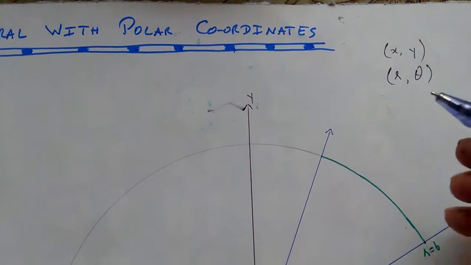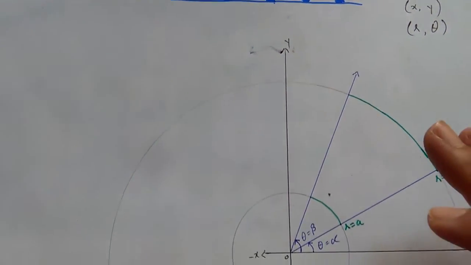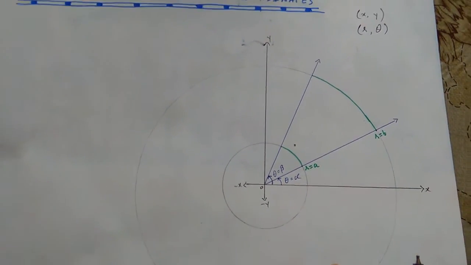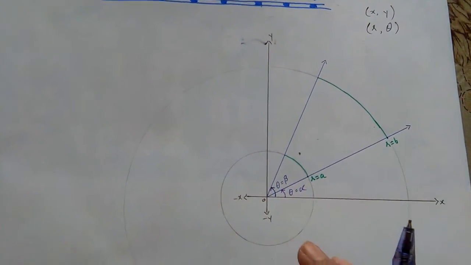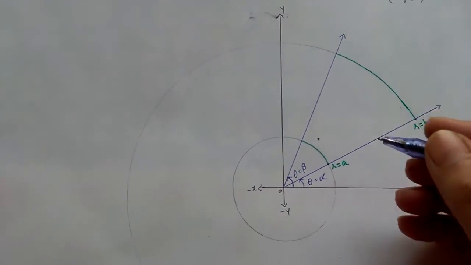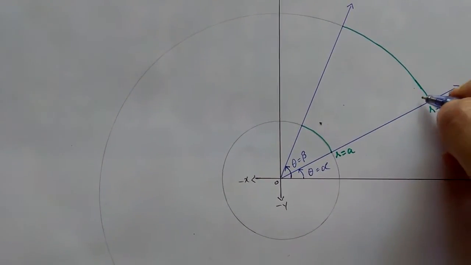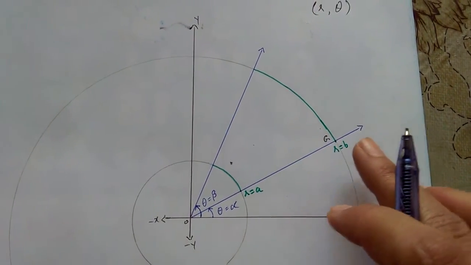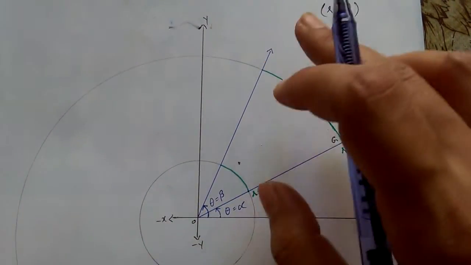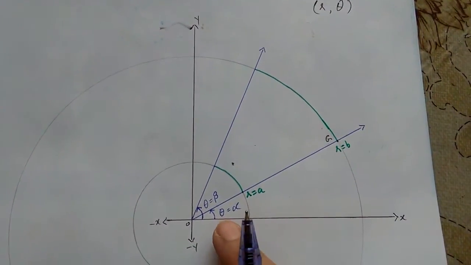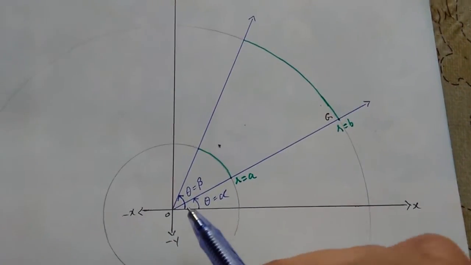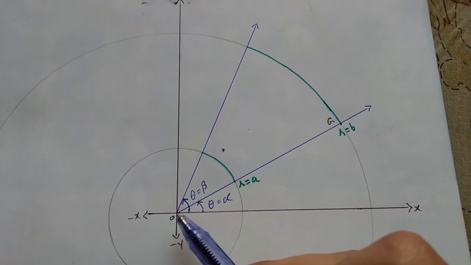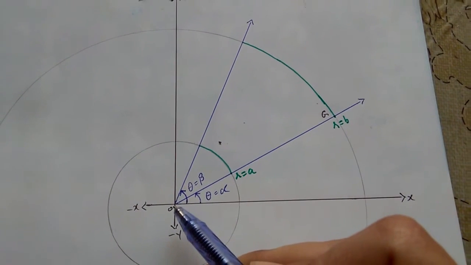Here I have managed a figure, though it is not complete, just a start. This is the plane G, bounded by two rays having the angles alpha and beta. The ray originates from the origin, which is the pole here.